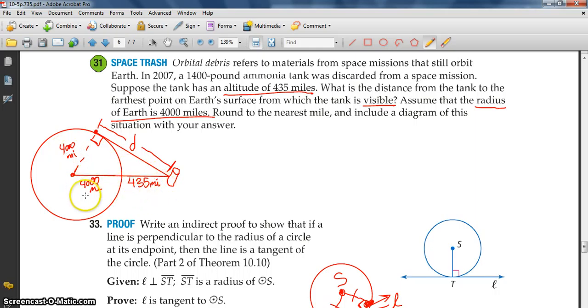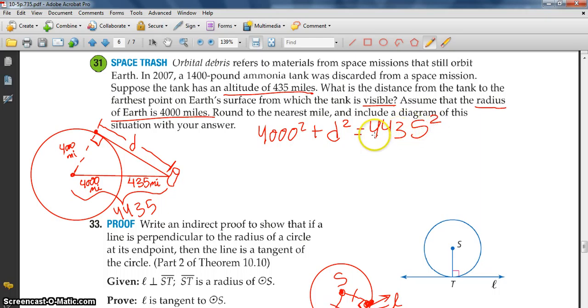So we're going to use the Pythagorean theorem. My hypotenuse would be 4,435, and a squared and b squared. So to solve for d, and I'm letting d stand for distance, d squared is equal to, so I'd want to subtract 4,000 squared from both sides.